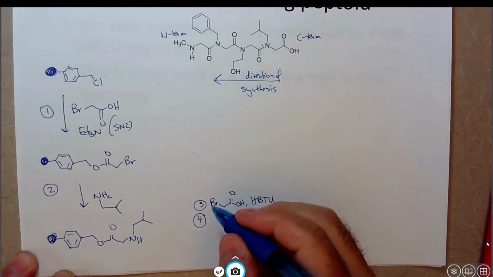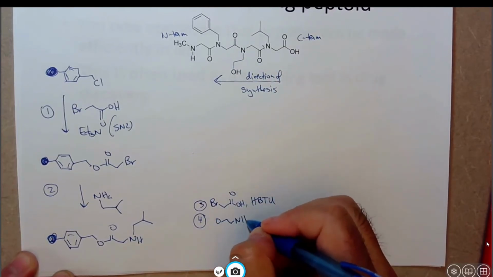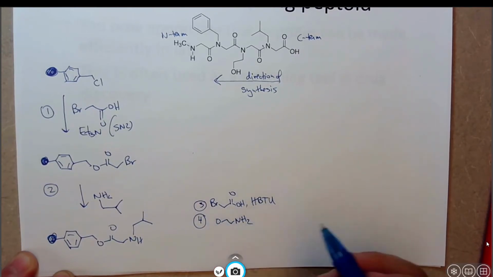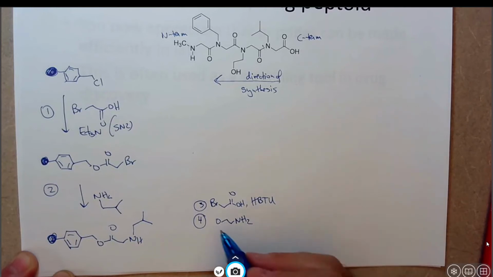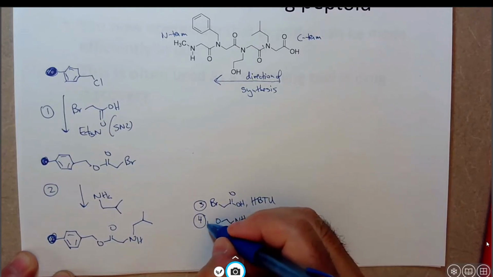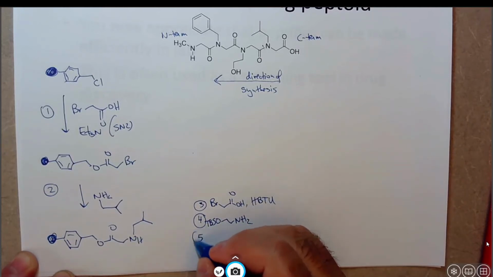Now ethanolamine would have an H here, but to prevent the hydroxyl group from acting as an undesired nucleophile, we want to protect it, and we're going to use something called tert-butyl silyl protecting group. Okay, so TBS group. It's a silicon protecting group, and it's going to prevent that undesired attack, and we have seen that before.